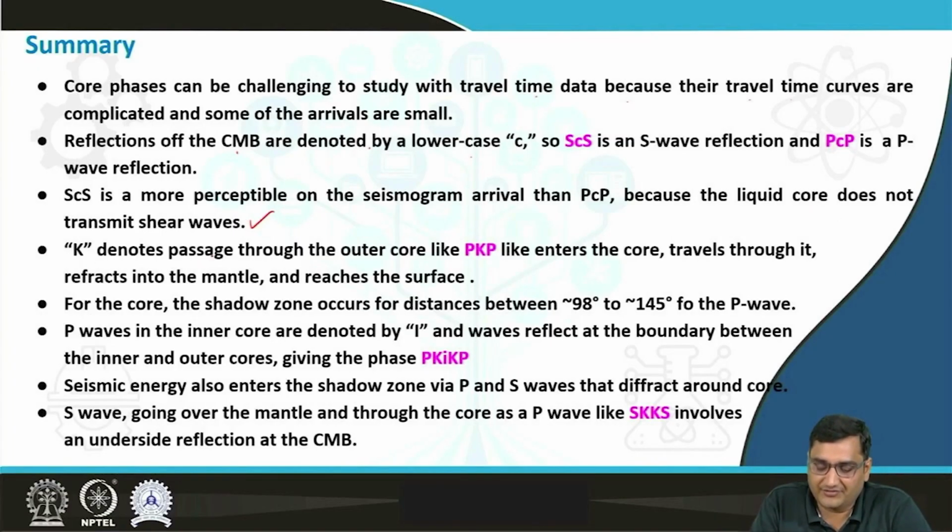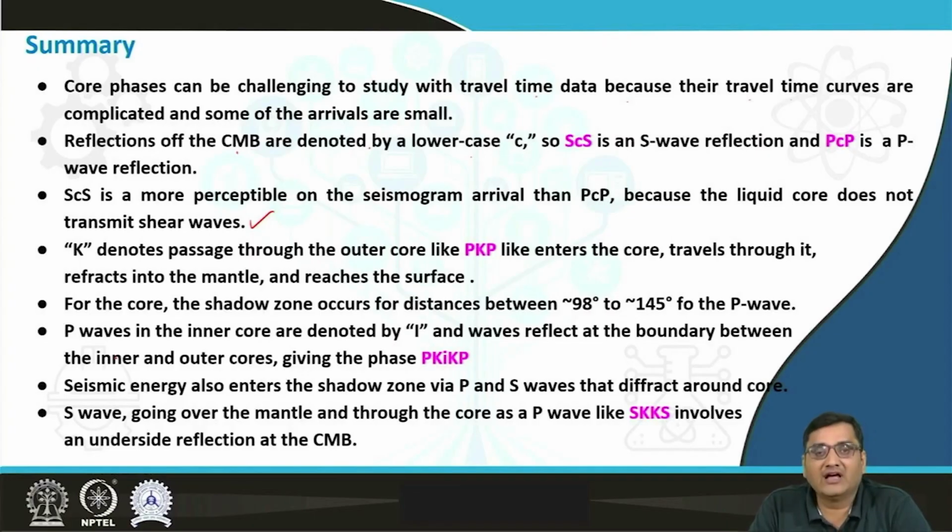K denotes the passage through the outer core, like PKP enters the core, travels through it, refracts into the mantle and reaches the surface. For the core, the shadow zone occurs for distances between 98 degrees and 145 degrees for the P wave.